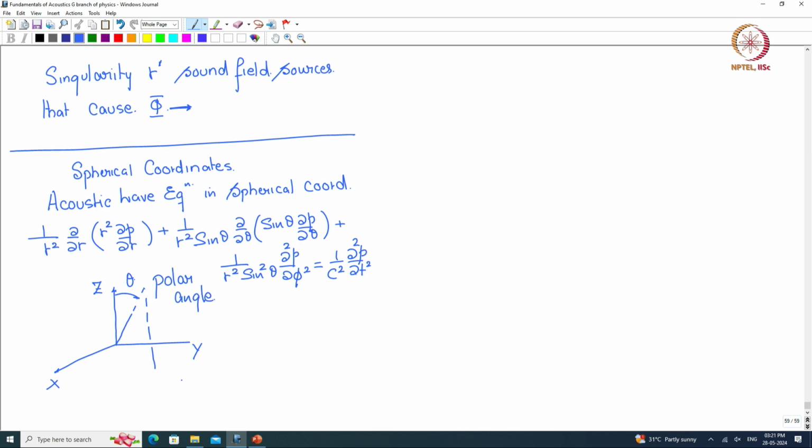Then this will be the azimuthal angle phi. So theta goes from 0 to pi and phi goes from 0 to twice pi.